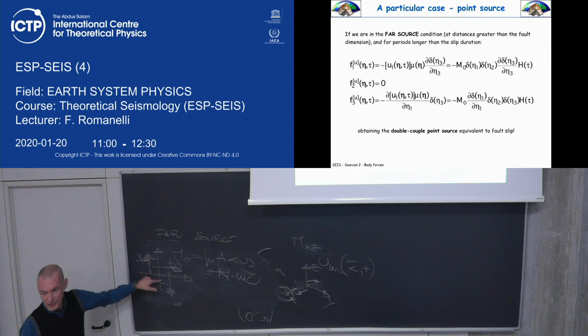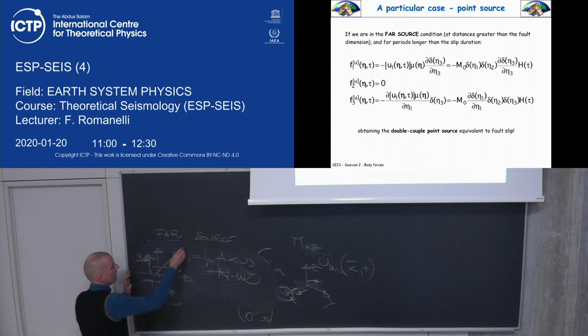Plus M0 minus M0, in the principal axis, everything is plus M0, 0, minus M0. And the axes are this, this is T, this is P, and this is B.